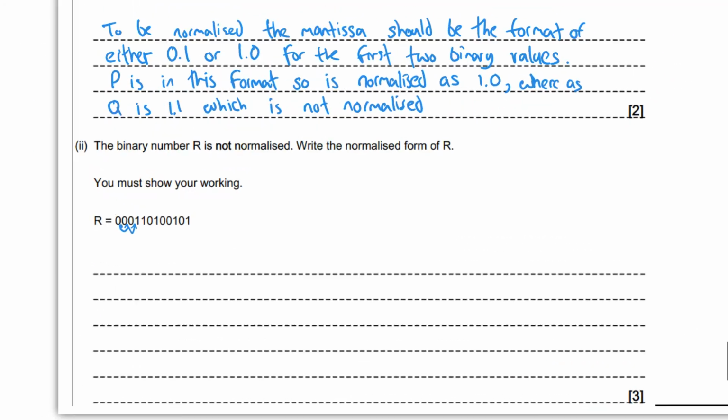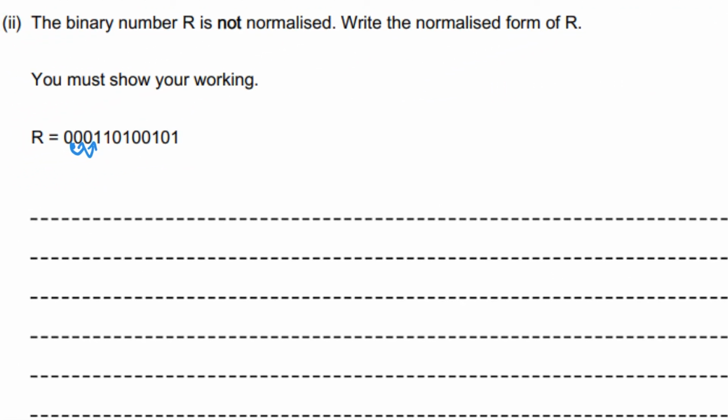So 0, 1, 1, 0, 1. So these first 7 are the mantissa, and these are the exponent. So I've got 1, 1, 0, 1, and now I've run out of values.